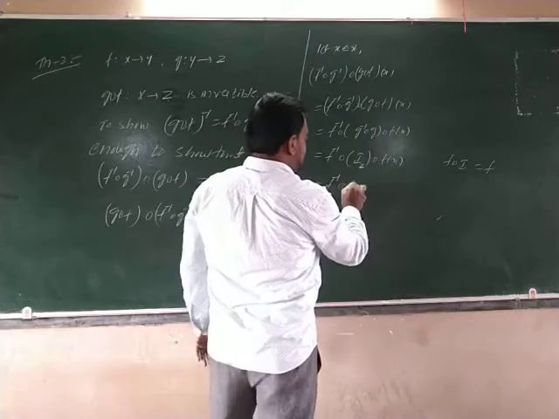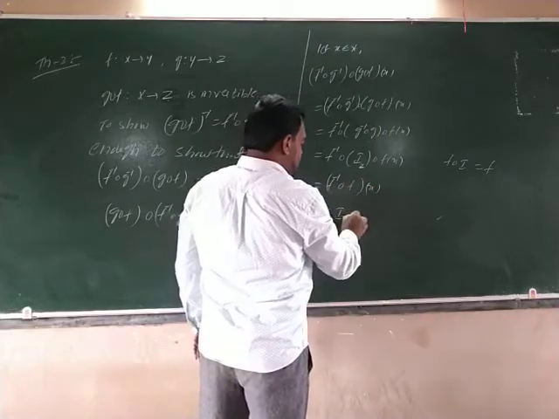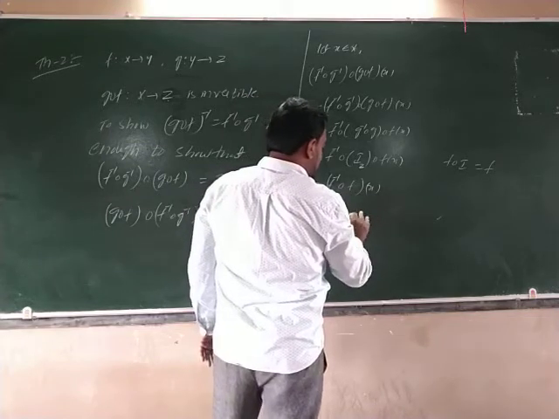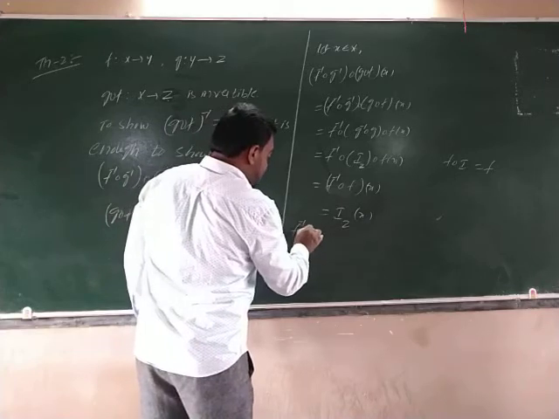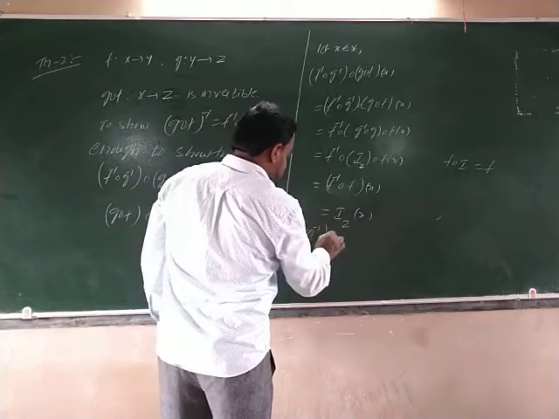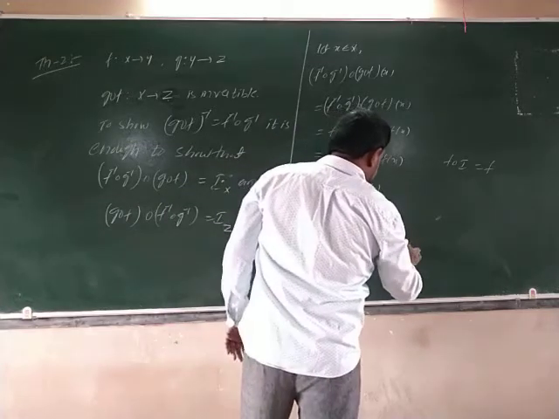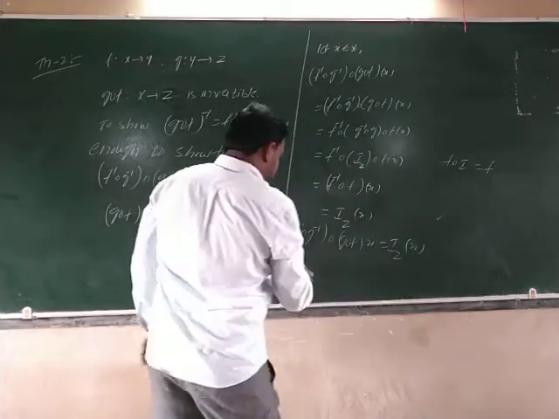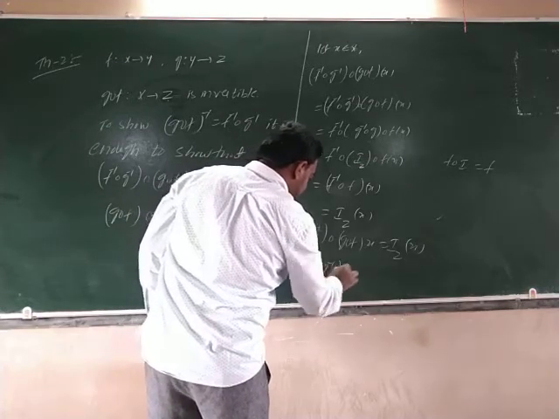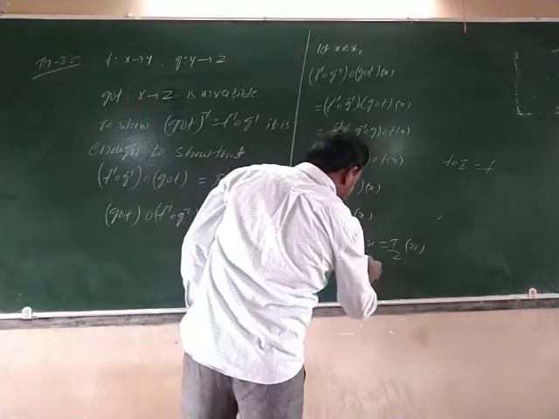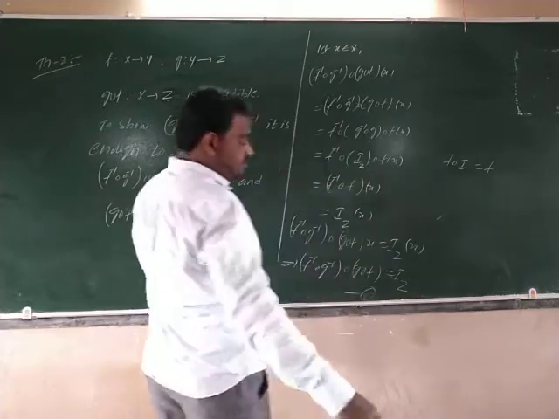So F inverse circle F of x is equal to I_X of x. That implies F inverse circle G inverse circle G circle F is equal to I_X. You take this as equation number 1.